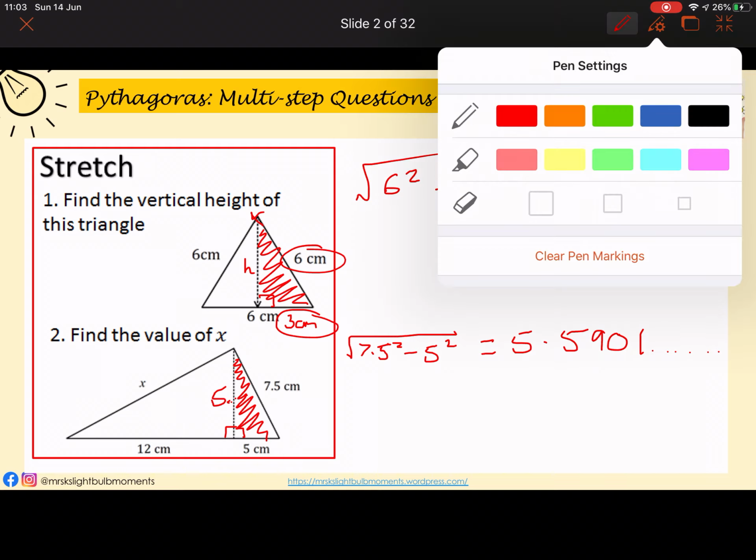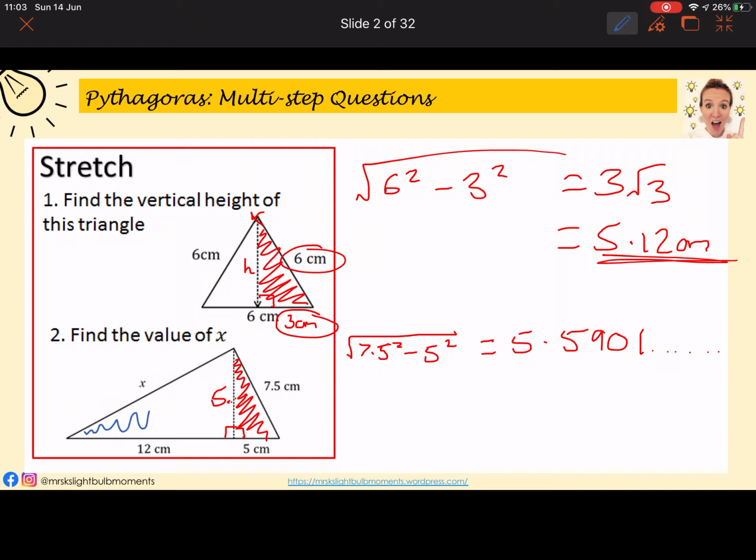Now we're going to look at the other triangle. So we're going to look at this bigger triangle here, and we're going to try to find x. Because that's the longest side, we've got to do the square root of my answer, which was 5.5 something, again kept in my calculator, squared plus 12 squared.